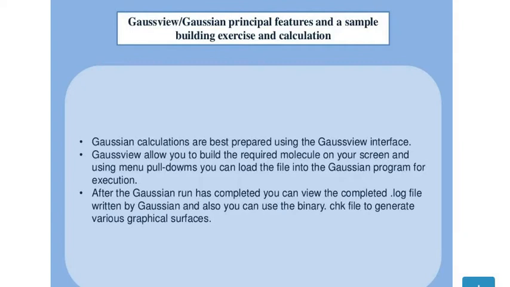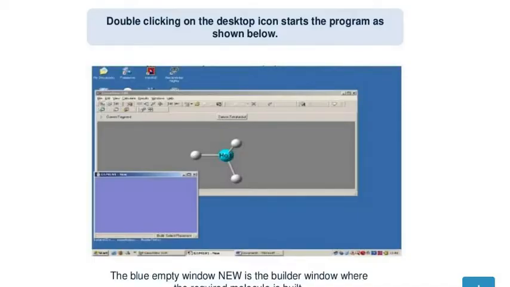After the Gaussian run has completed, you can view the complete .log file. That is very important. You should know your result file, the .log file, written by Gaussian, and also you can use the binary .chk file or check file to generate various graphical surfaces.